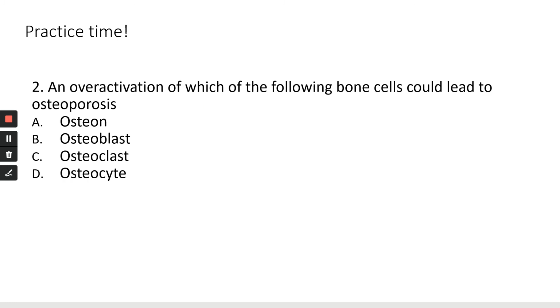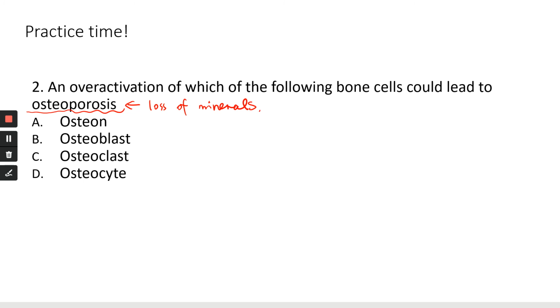Number 2. So to answer this question, first you need to know what's osteoporosis. Remember, that's a bone thinning, so you have a loss of the mineral salts, the organic components. So that's the first thing you need to figure out.